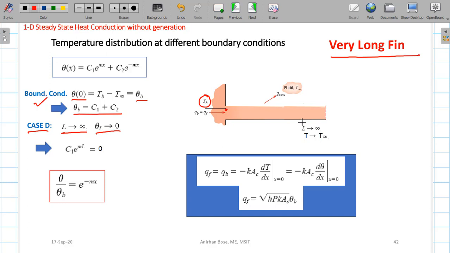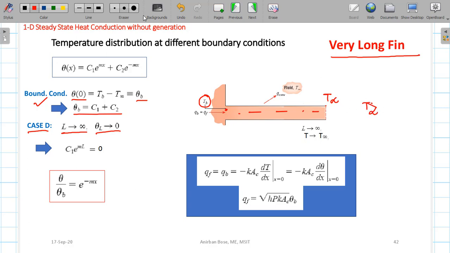That means when the length is very, very large, it is assumed that the temperature gradually decreases from the base temperature, and since it is a very, very long fin, we assume that the tip temperature will become the same as T infinity, the outside temperature.